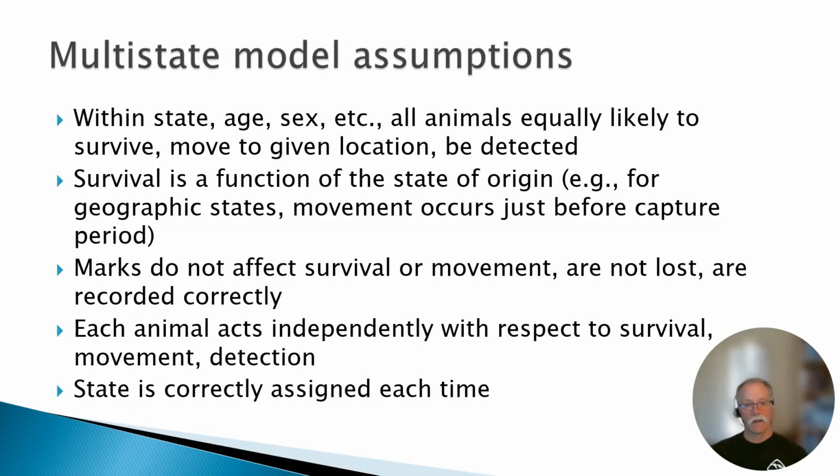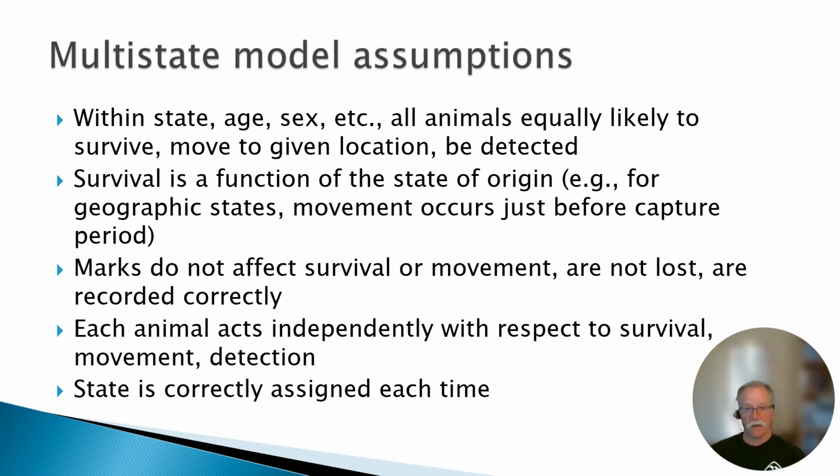To quickly review the assumptions of the multi-state models: within each state, age, sex, and so on, all animals are equally likely to survive, move, and be detected, so no heterogeneity within those groups.